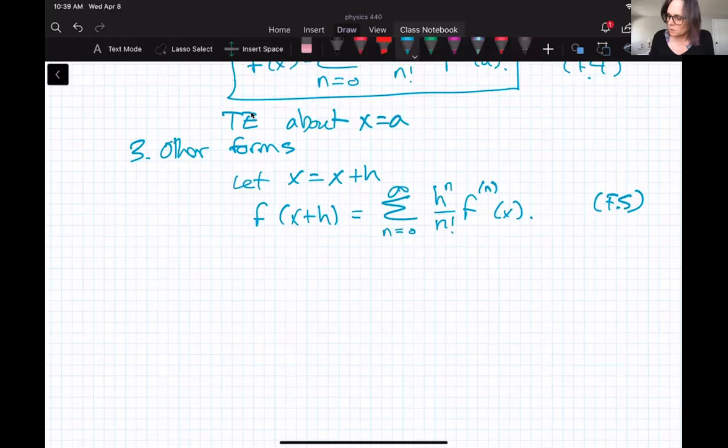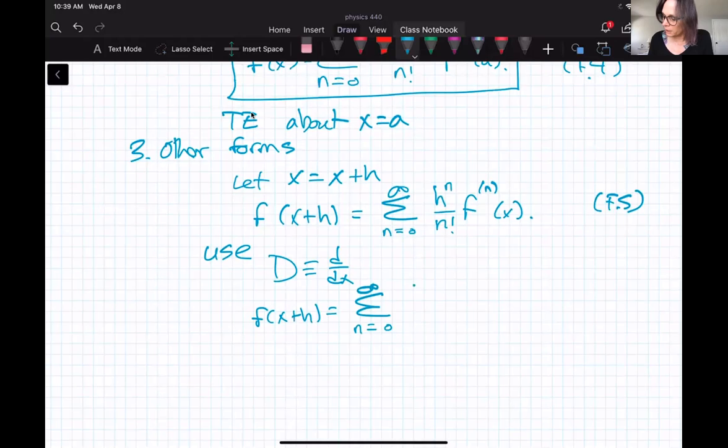You can also use the differential operator D. You see this sometimes in fluid dynamics, where f of x plus h can be written as the sum from n equals 0 to infinity of h to the n D to the n over n factorial f of x, which can actually be written as e to the h D f of x.